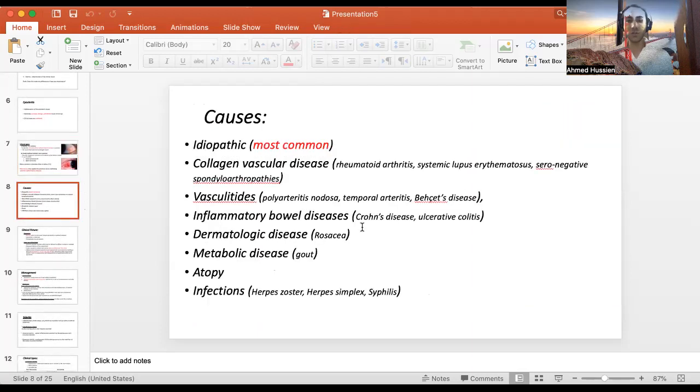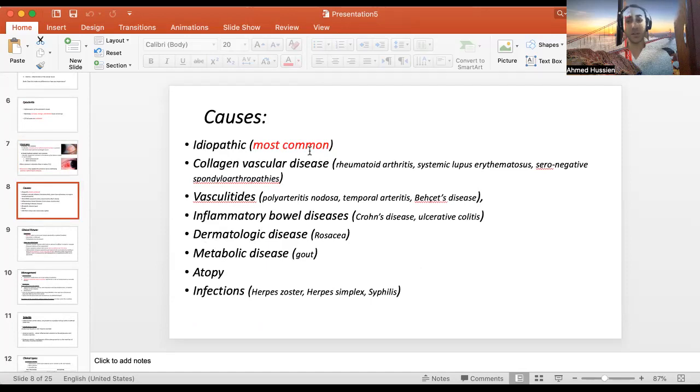So what are the causes of episcleritis? Most commonly it's idiopathic. There is no underlying disease, no underlying cardiovascular or connective tissue disorder or any vasculitis. So the most common cause of episcleritis is the idiopathic form without underlying disease.